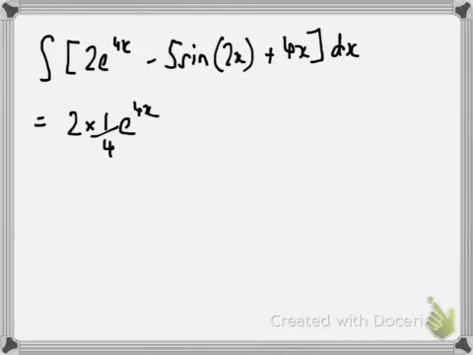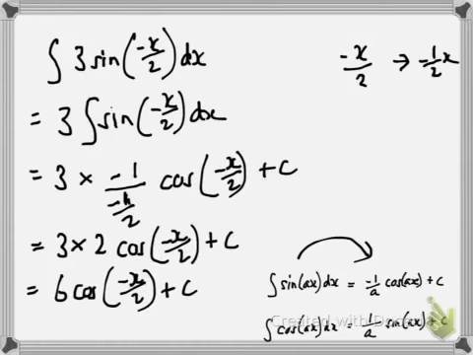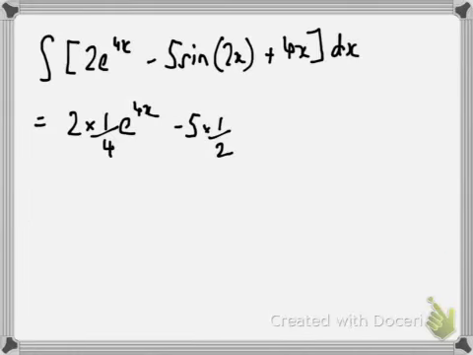That's dealt with that one. Next one, negative 5 multiplied by 1 over the coefficient of x. And now sine, remember, goes to negative cos, so we've got to be careful with that.